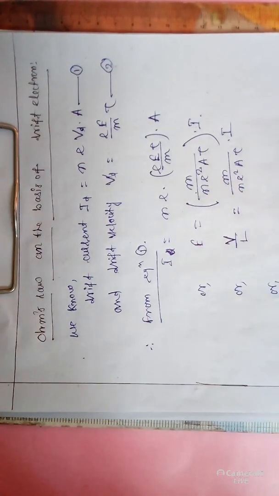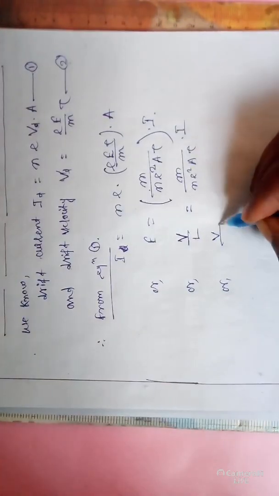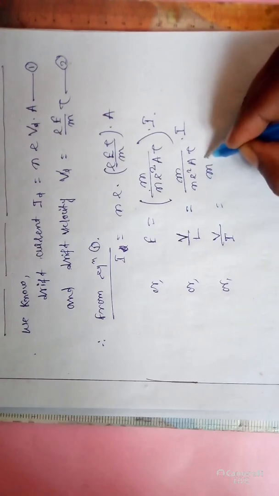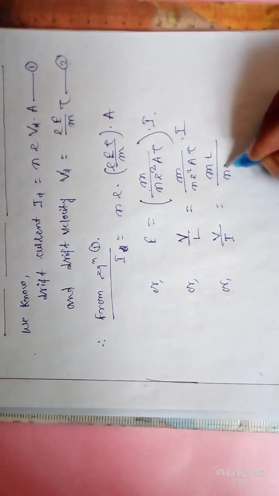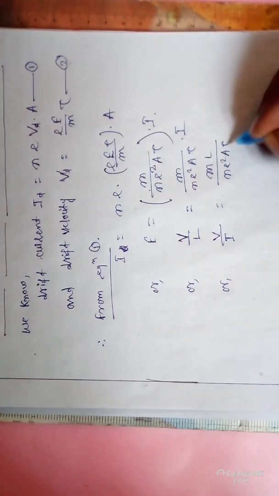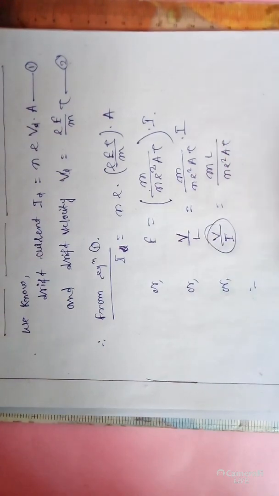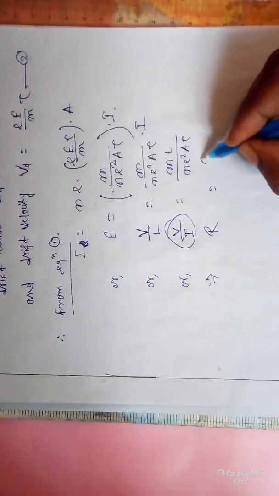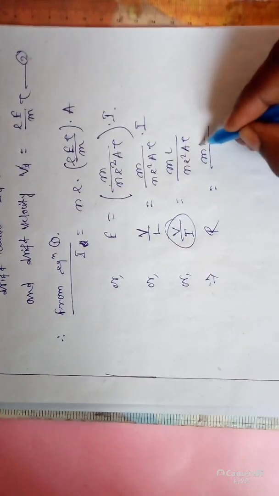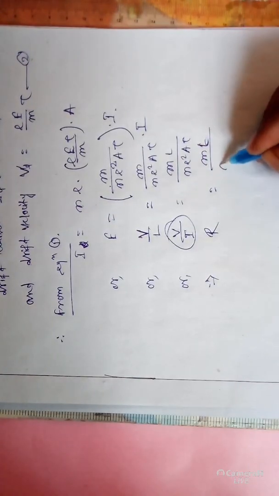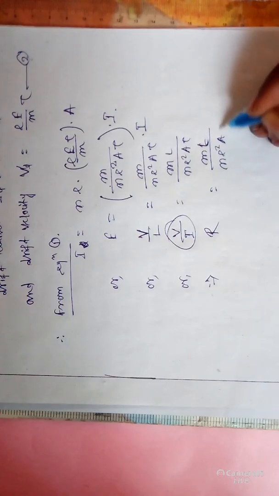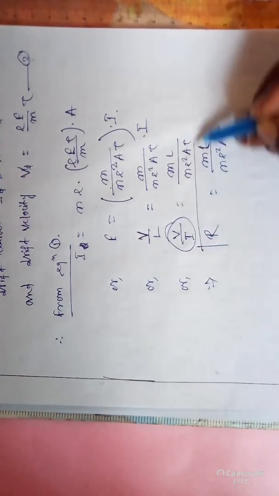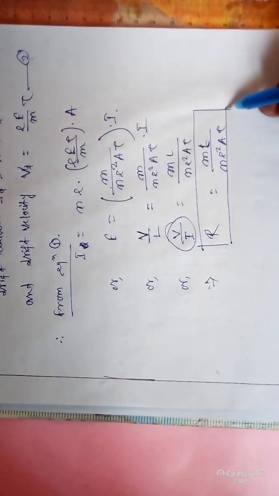So if we take V by I, then you will get m L by N e squared A tau. So V by I is what? V by I is equal to R, that is the resistance of the conductor, m L by N e squared A into tau. This is the value of the resistance of the conductor.